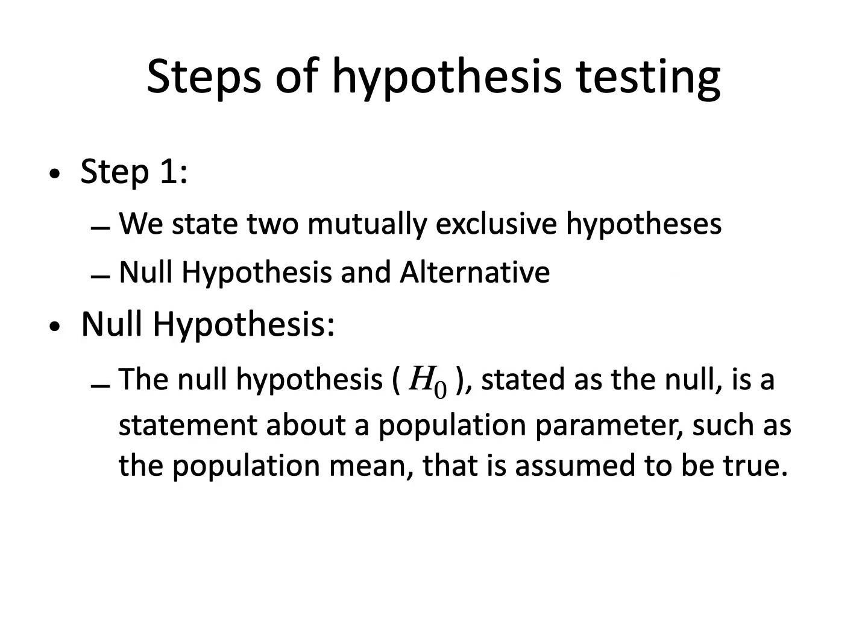To begin, we identify the hypothesis or claim that we feel should be tested. Basically there are two mutually exclusive hypotheses. One is the null hypothesis and the other is the alternative.